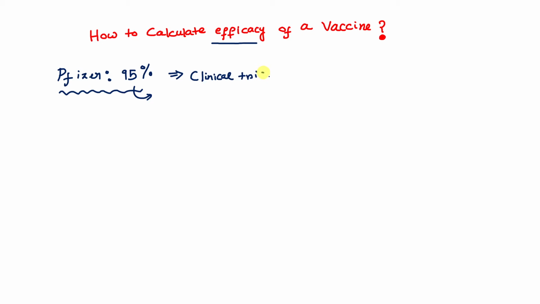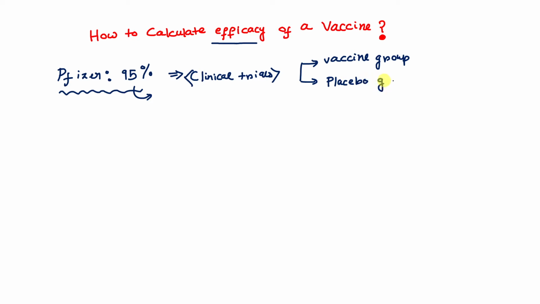A large number of volunteers participate in clinical trials, and these volunteers are divided into two groups. One group is called the vaccine group, and another group is called the placebo group.